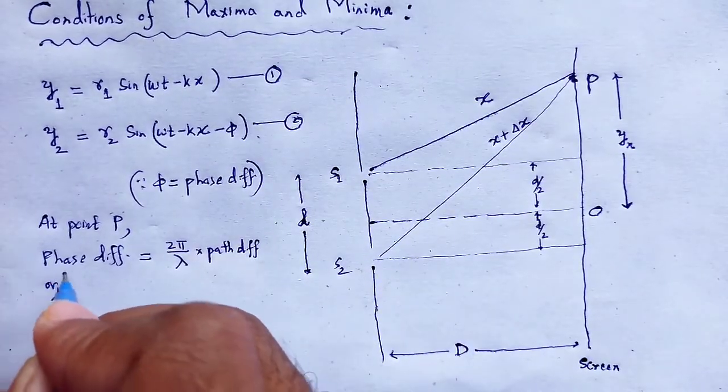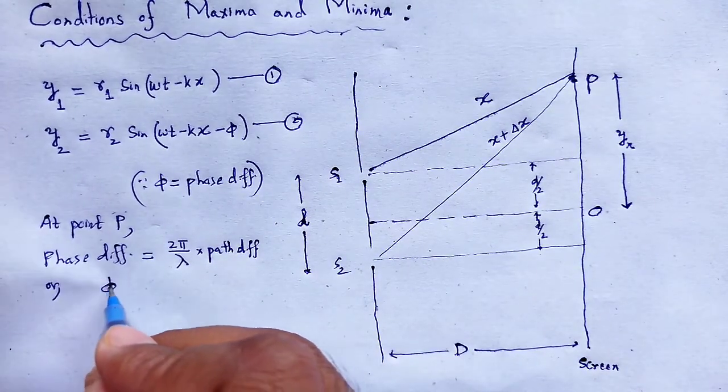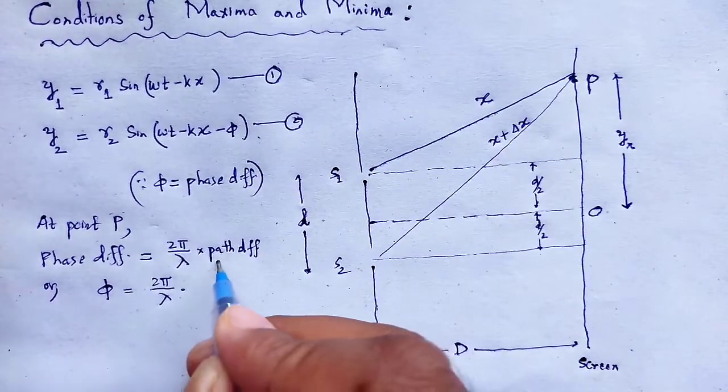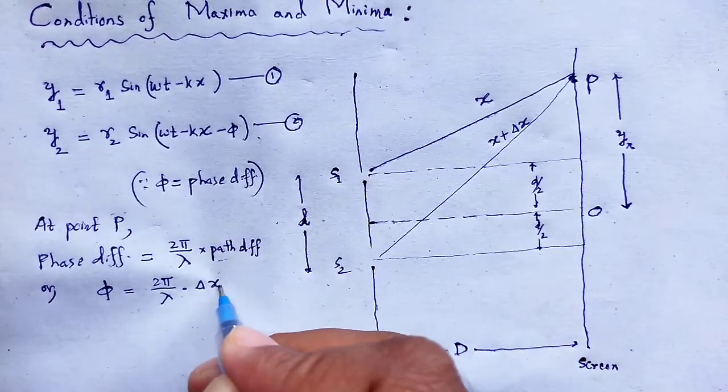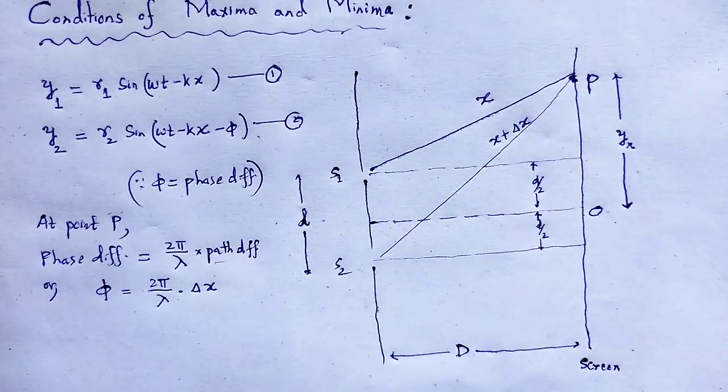So phase difference phi is equal to 2 pi by lambda into path difference, that is del x. Here x plus del x, so the path difference is del x.